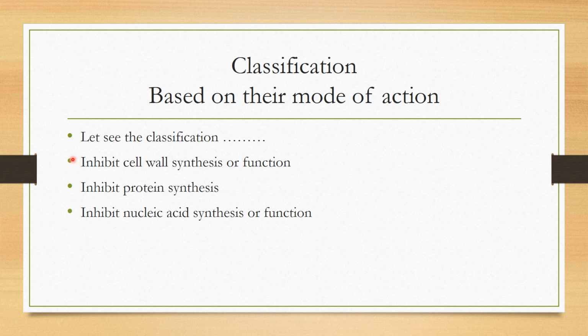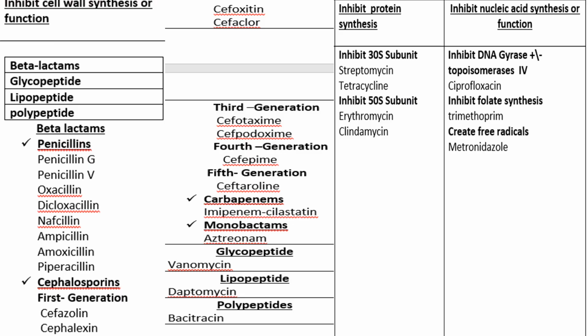Now let's see their classification. Now we see the various subclasses and classes of antibacterial drugs. These are classified on the basis of their mode of action. The first are those that inhibit the cell wall synthesis or function.